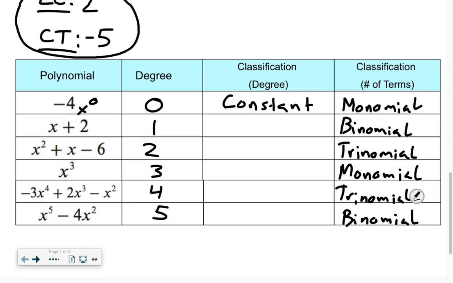X plus 2. What figure did this always create when we graphed it? Yeah, it's a line, so it's linear. You worked with these a little bit with Mr. Emery. In fact, quite a bit. It was called a quadratic.